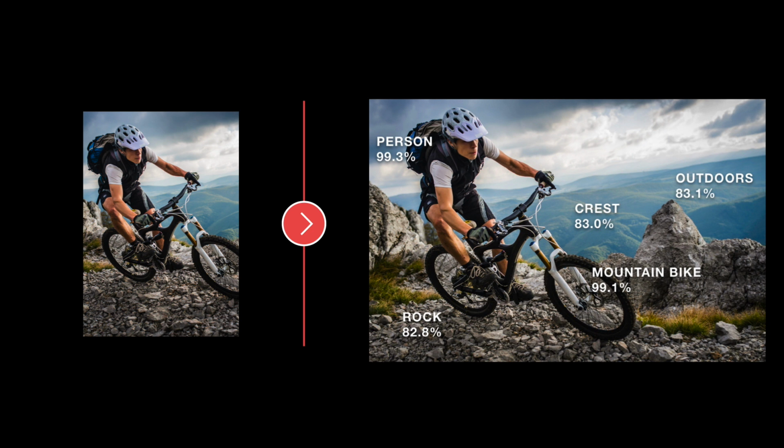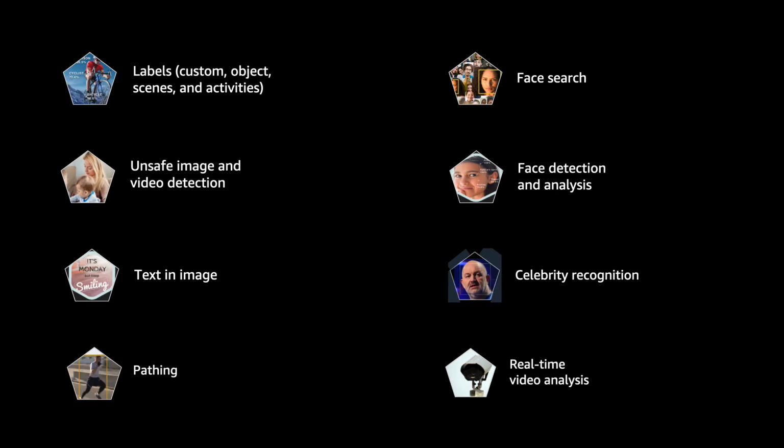It can also tell you, if there's a face, where the face is and what it has on it. So it has many features. It can label things, and that's the feature we are going to use in our demo. It can tell us if an image is unsafe or violent and things like that. It can also read text in an image, and that's pretty cool. So it can do some OCR, and that's very powerful.